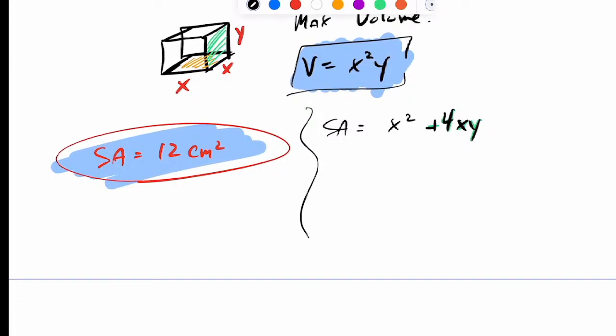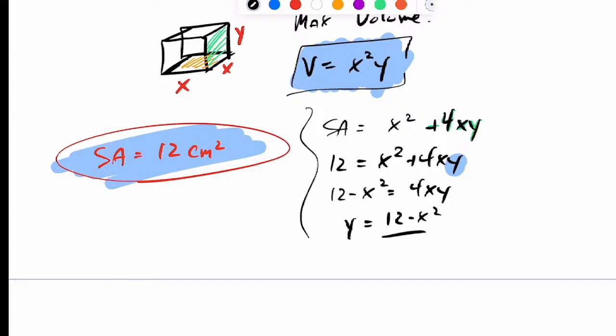I know that that's equal to 12, they told me in the question. So I can isolate for my variable y. 12 minus x squared is 4xy, and therefore y is 12 minus x squared over 4x.